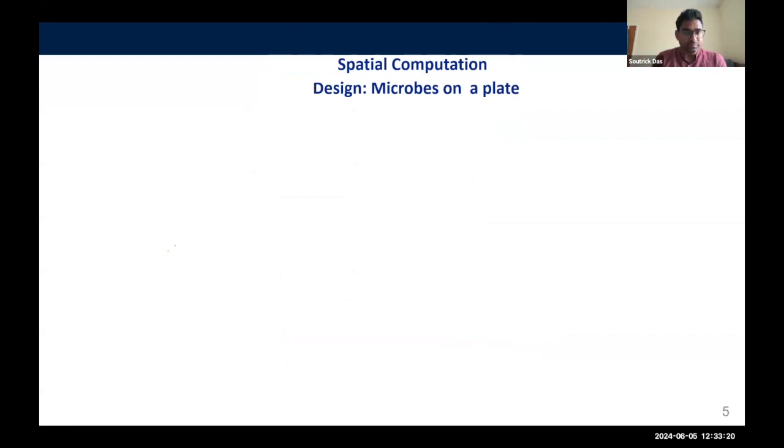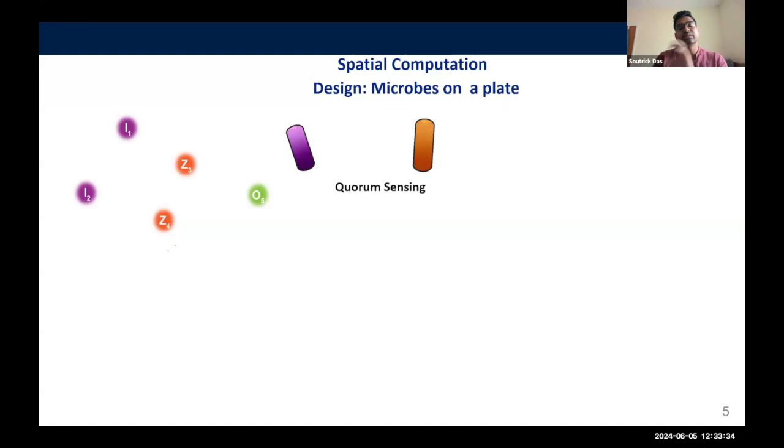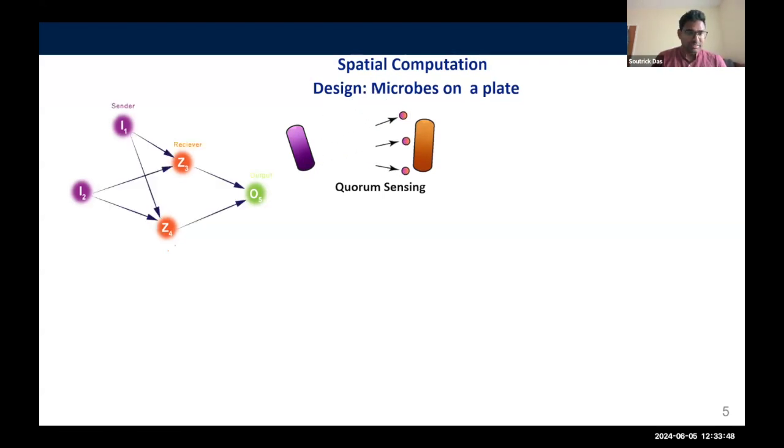In our setup, these differently colored circles are engineered bacteria growing on an agar plate, and the bacteria communicate with each other through a quorum sensing molecule, which is released from one bacterial cell and works as a reader for other bacterial colonies. So it's a sender-receiver kind of network topology.